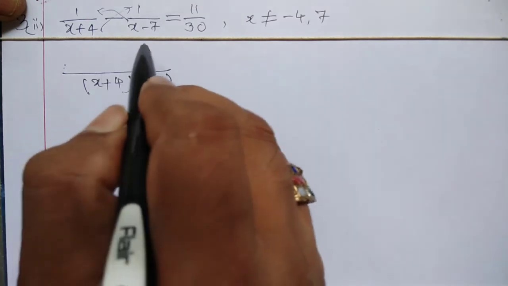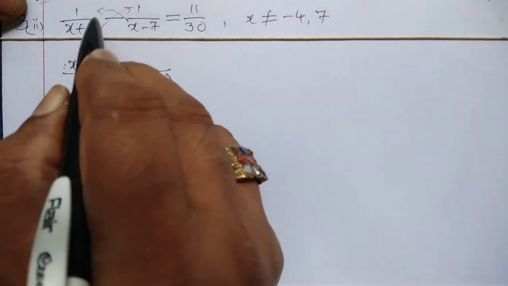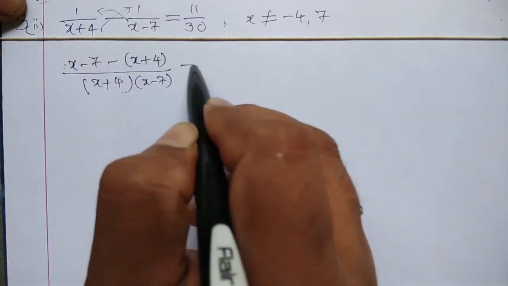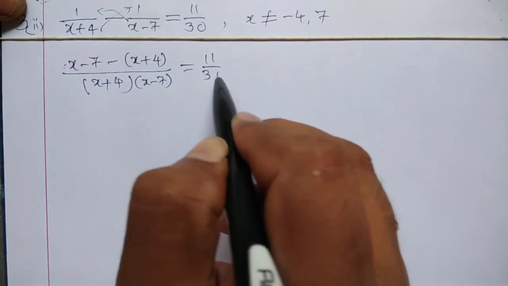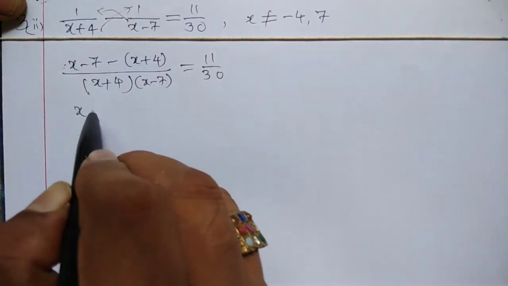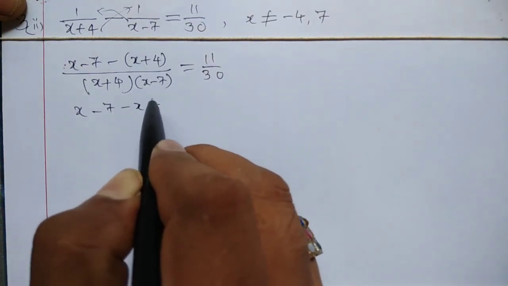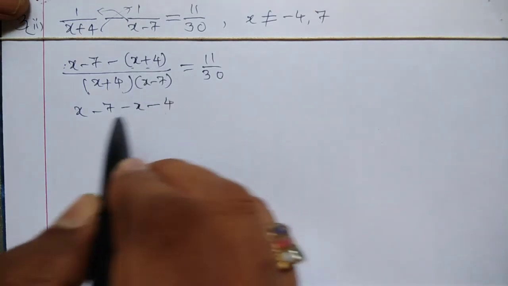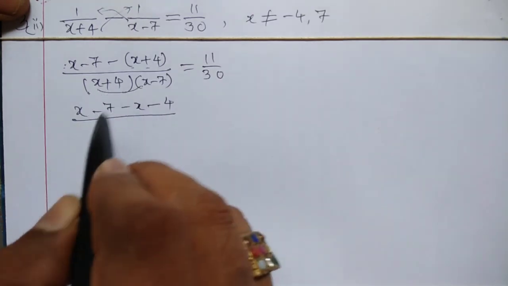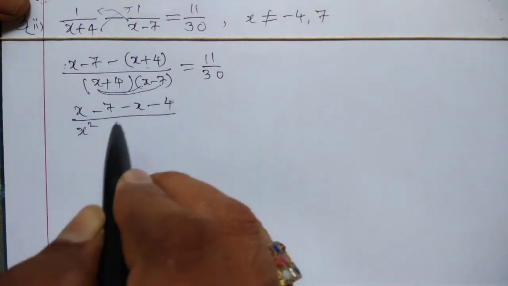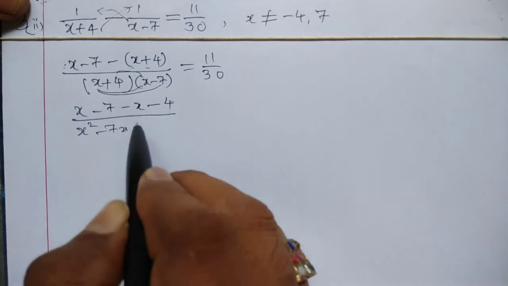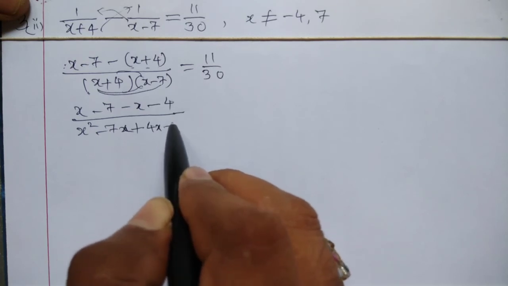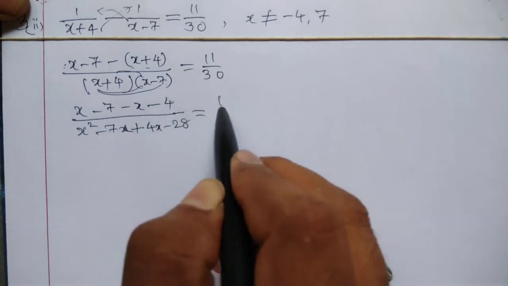In this case we have to take cross multiplication method, like x minus 7 minus x plus 4, is equal to 11 by 30. x minus 7 minus x plus, this minus minus 4, by x into x square, x into 7 is 7x, 4 into x is 4x, 4 sevens are minus 28, is equal to 11 by 30.